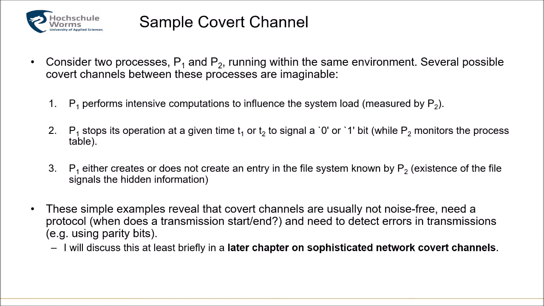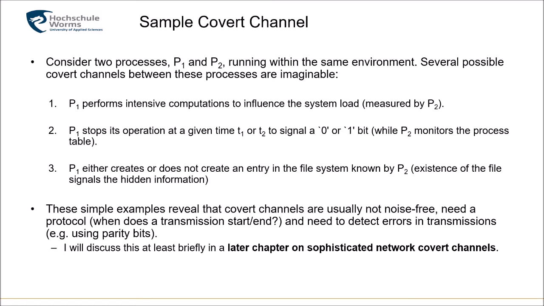They have to agree in advance on this file name, and P1 constantly checks for the existence of this file name. If the file is present, it is a 0, and if it is not present, it is a 1 bit. P1 and P2 perform this operation, let's say every second, so they could signal 1 secret bit per second.